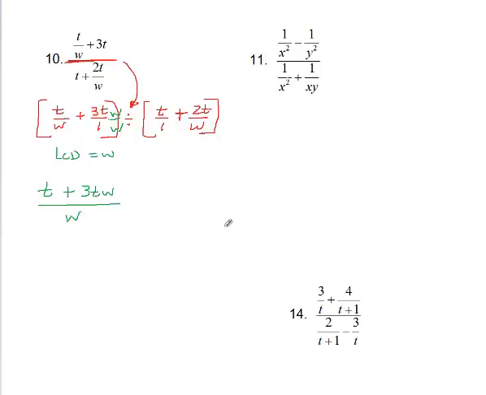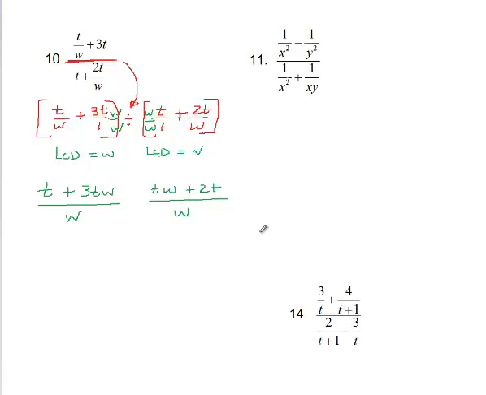Now repeating that on the other side, I again have the same LCD. The LCD between 1 and w is w. So now I'm multiplying this one by w over w. So I get tw plus 2t all over w.